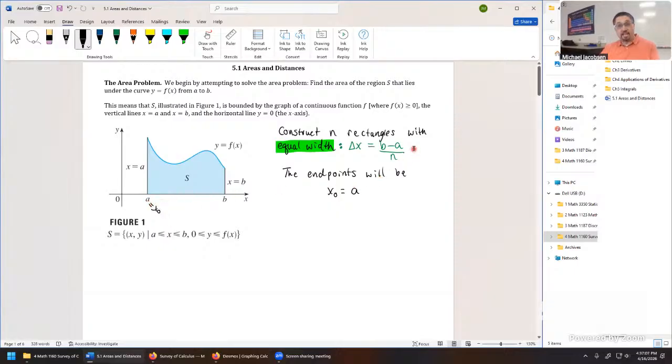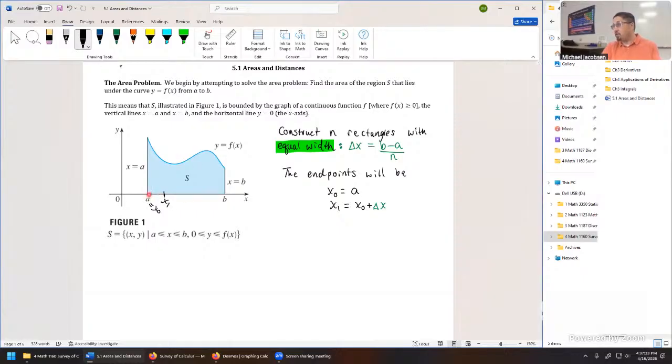Then if they're all going to have an equal width delta x, the way we get the next endpoint is we take x1 equals x naught plus delta x, whatever that number happens to be. So we're going to go a distance here, move over to the right by 1 unit in terms of the length from here to here is delta x.